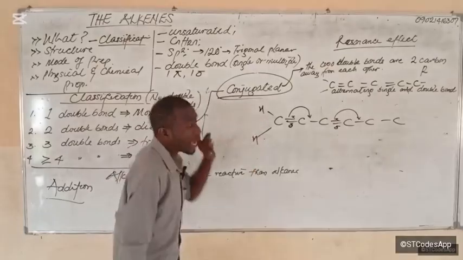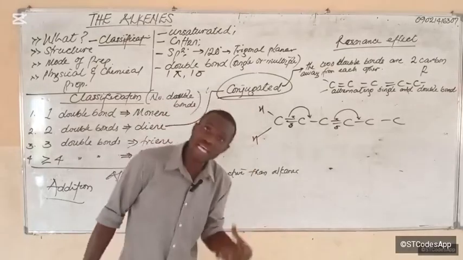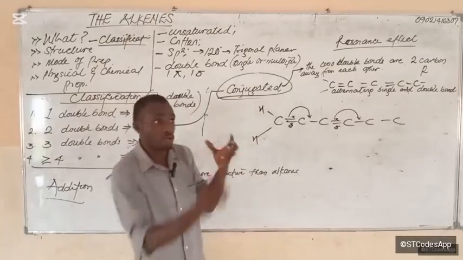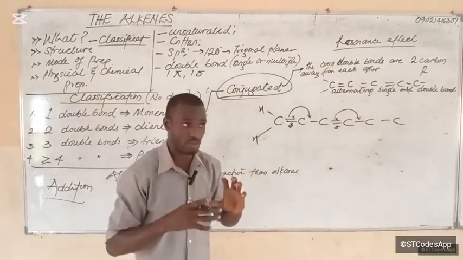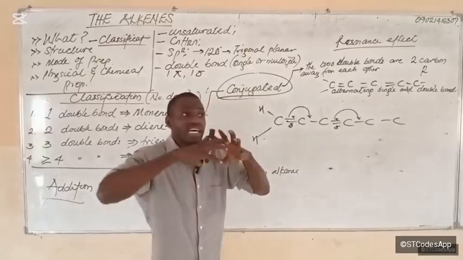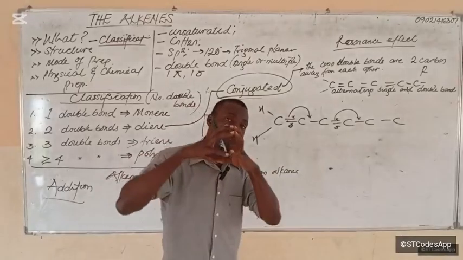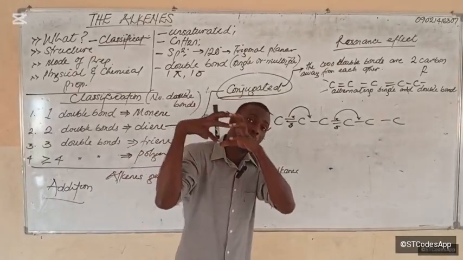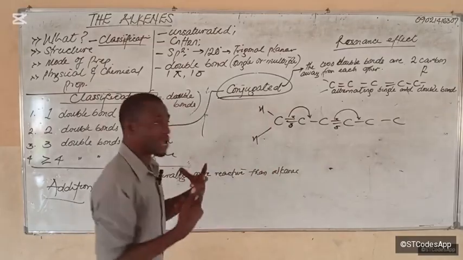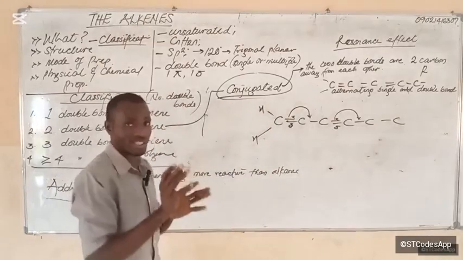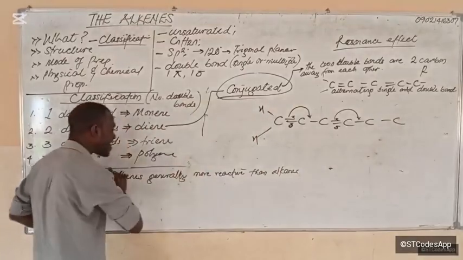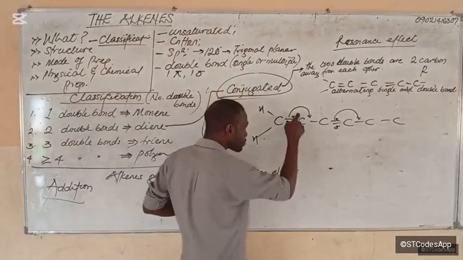Why? Because pi bonds are weak bonds. I'm going to explain that when I begin to explain the geometry. They are formed by unhybridized p orbitals that come together in lateral overlap. There's no way I will not explain hybridization, so just calm down. Alkenes are generally more reactive, and these pi bonds are the reactionary center.